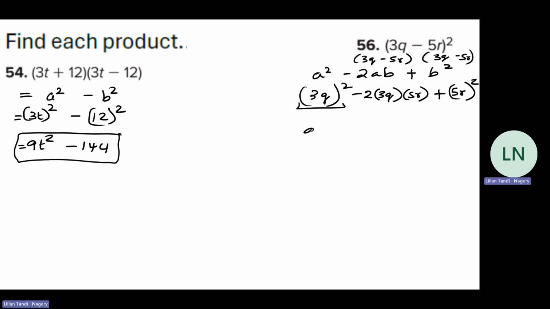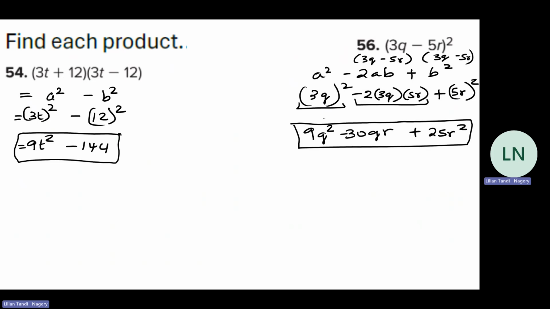This gives you 9q squared. This gives you negative 30qr. Okay, and this gives you plus 25r squared, and you box your answer.